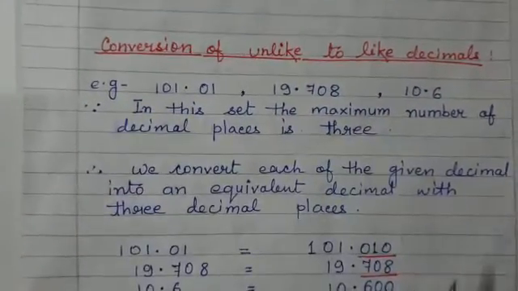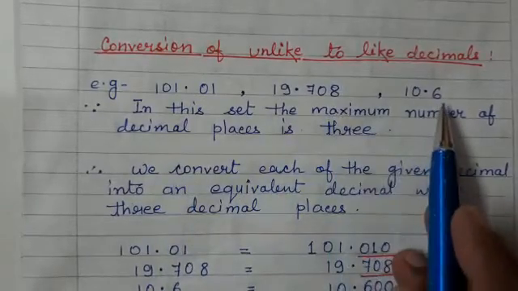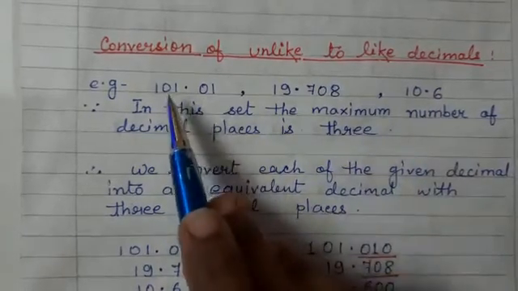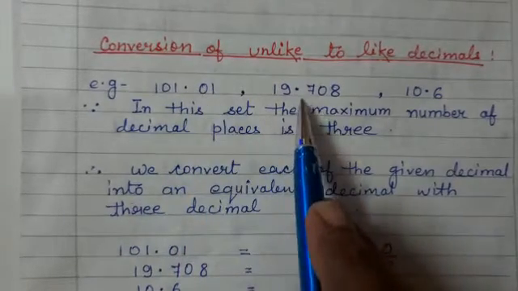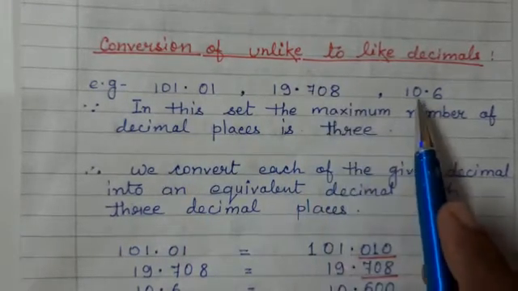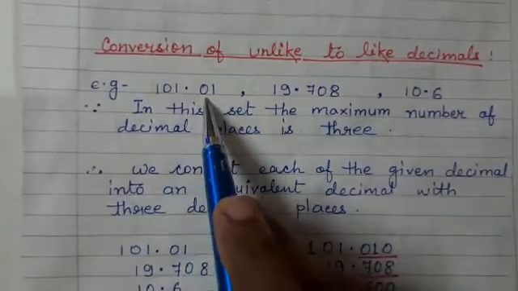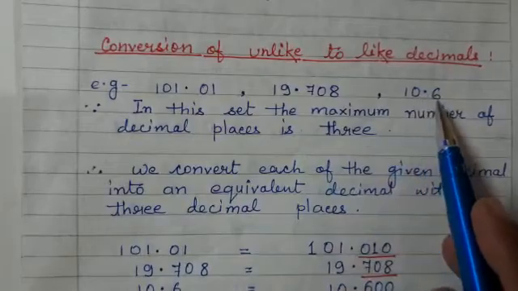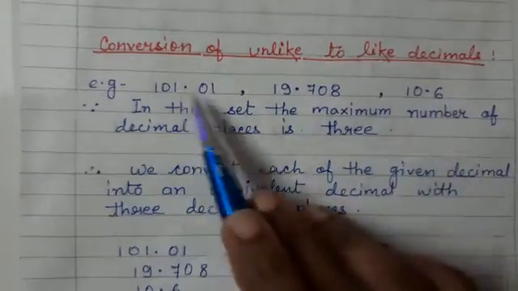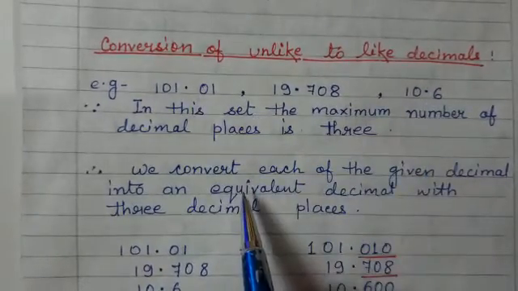Here, three decimal numbers are given: 101.01, 19.708 and 10.6. This number has 2 decimal places, this number has 3 decimal places, and this number has 1 decimal place, and these all three numbers are unlike decimals.